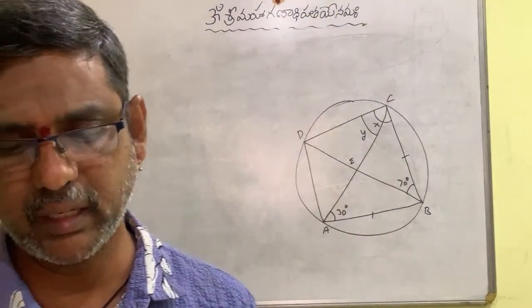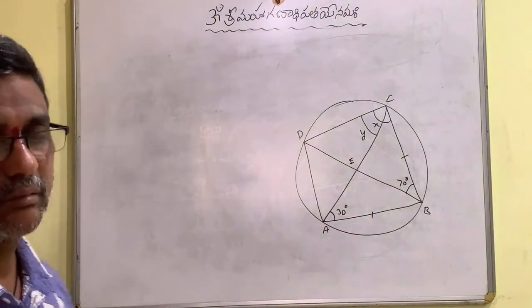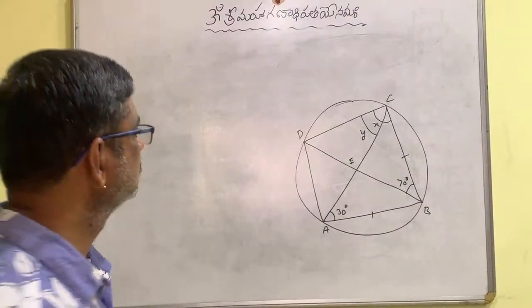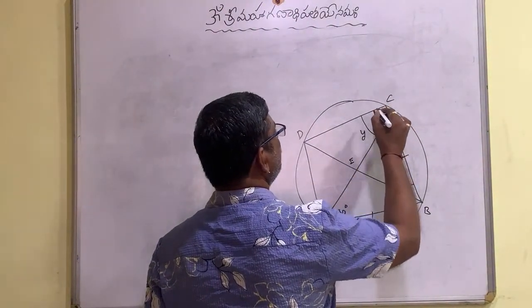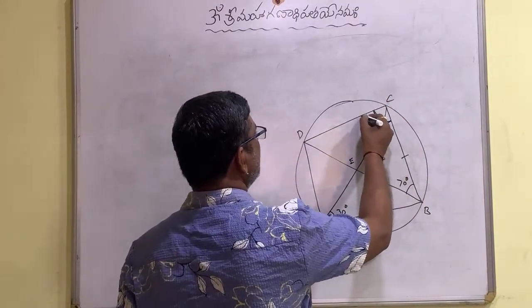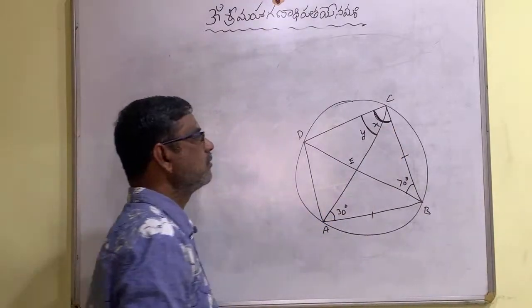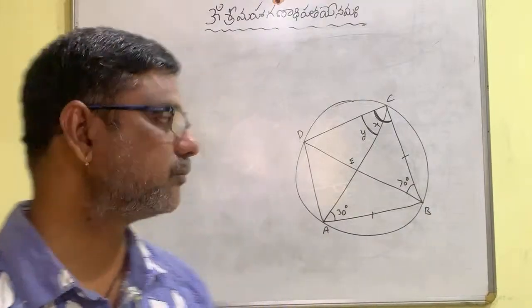X is nothing but angle BCD, the total angle. ECD means only this angle you have to find out.